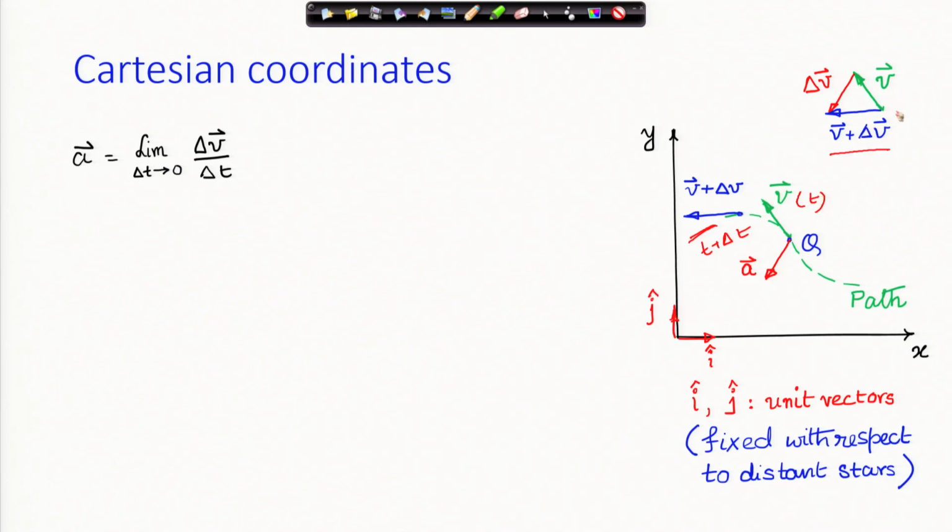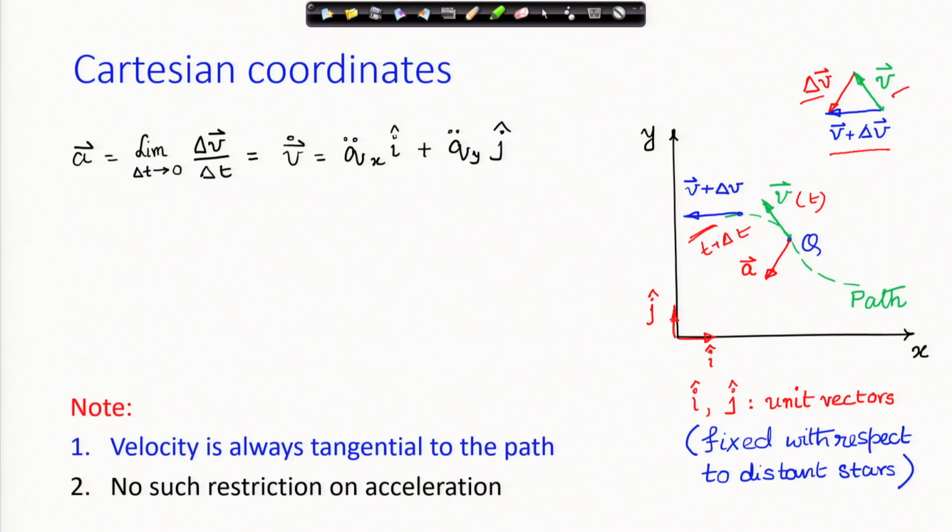I am comparing them, taking the difference, which is delta v, and then dividing it by delta t and taking the limit delta t goes to 0, and that is qx double dot. Now, the coordinates are getting differentiated 2 times, again the frame does not get differentiated. So, qx double dot i cap plus qy double dot j cap.